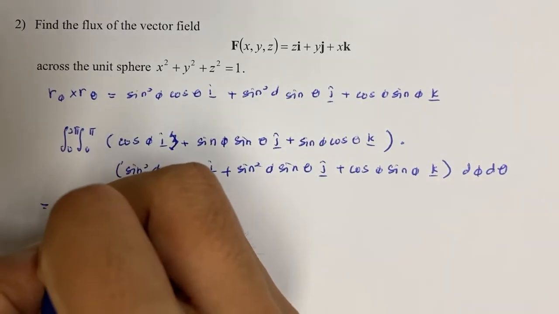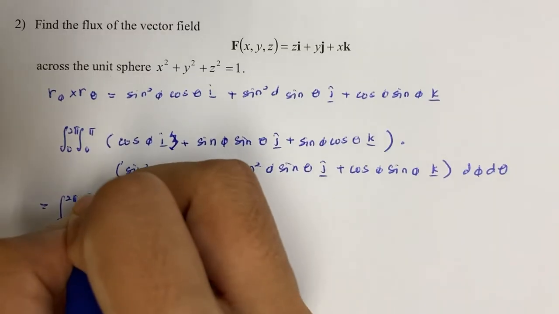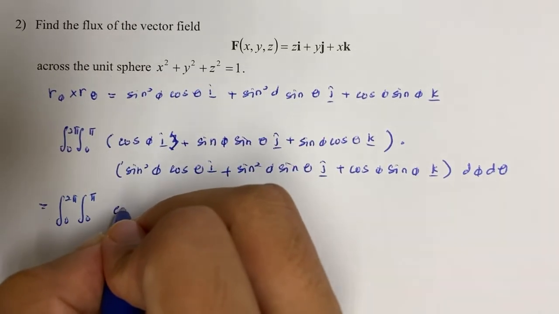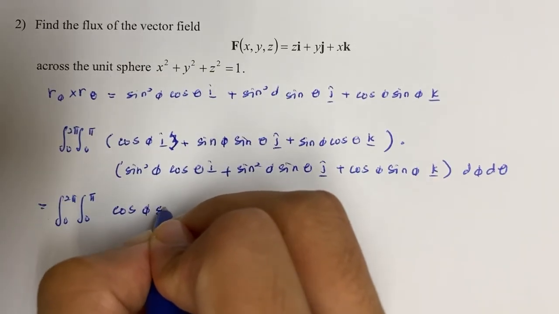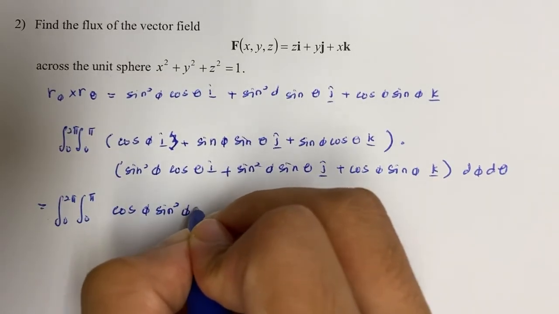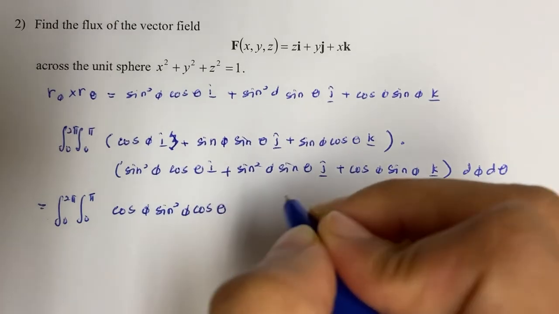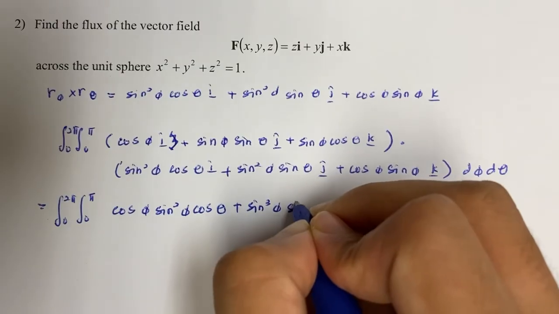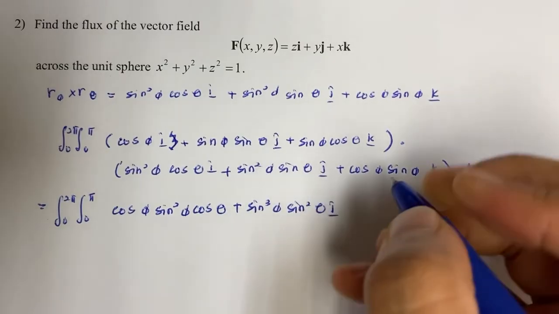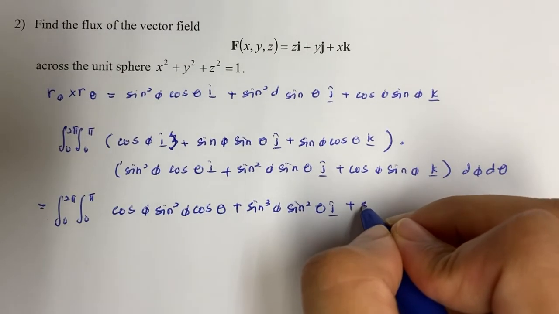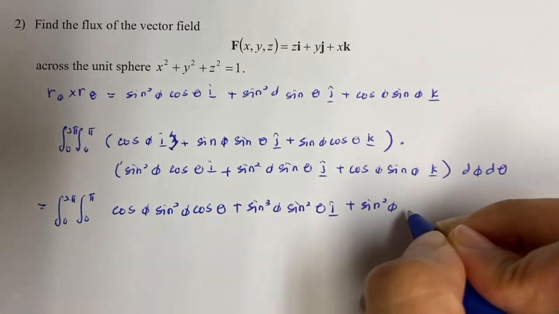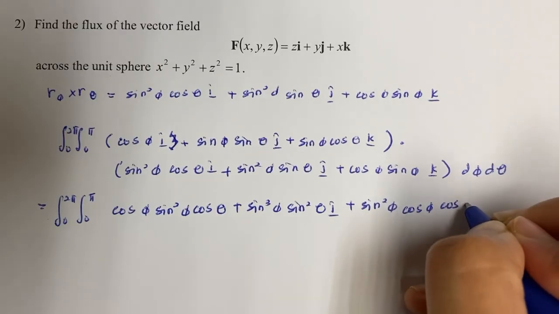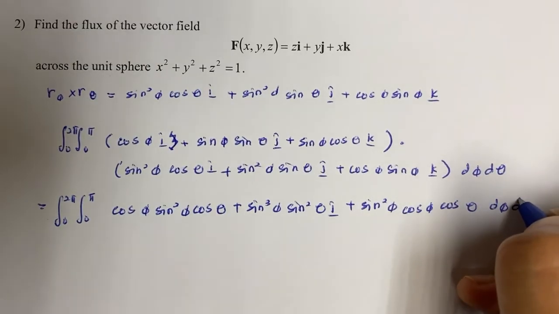So this is equal to, do the product, cos phi sin square phi cos theta plus sin cube phi sin square theta plus sin square phi cos theta, d phi d theta.